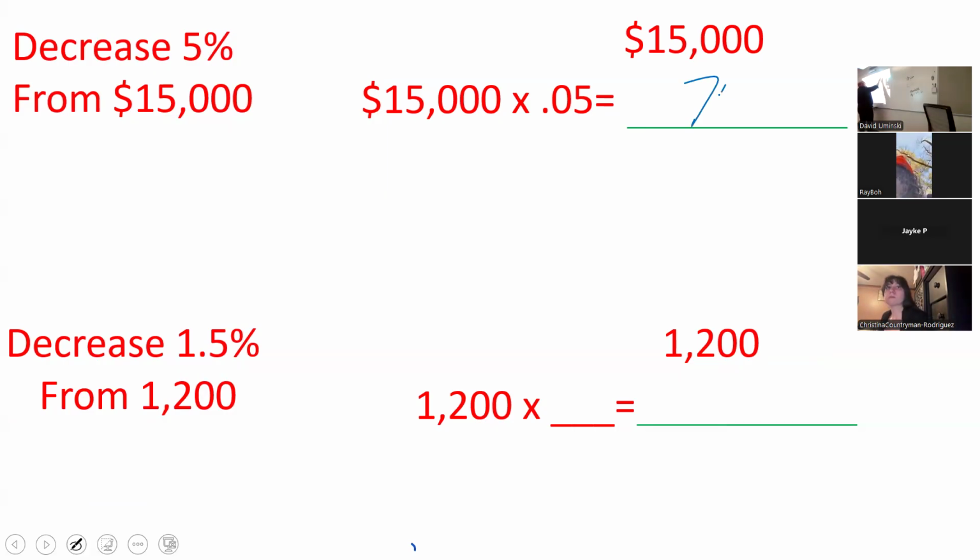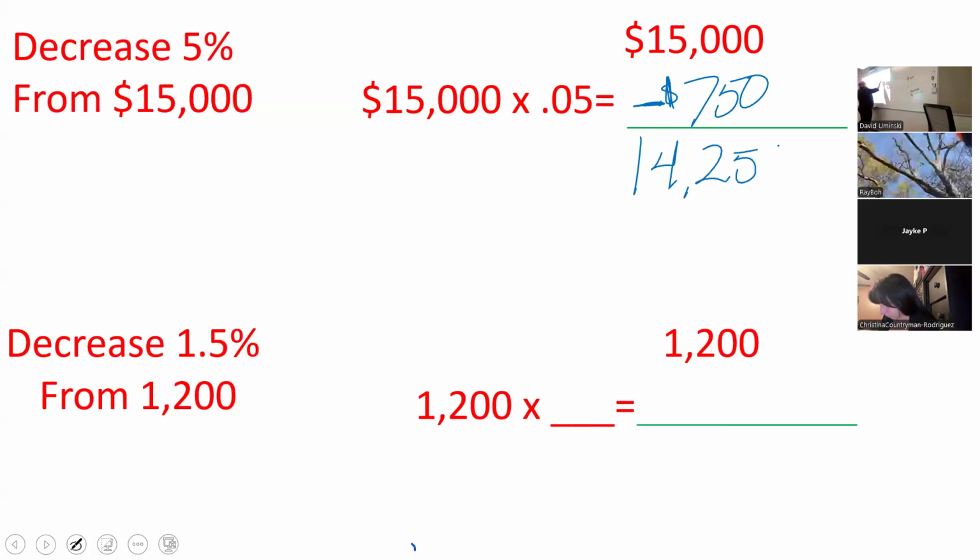Thank you. Do we all agree? 750? Now, because we're decreasing, what are we going to do? We have to subtract from that original number. And so by doing that, we get 14,250. Okay.